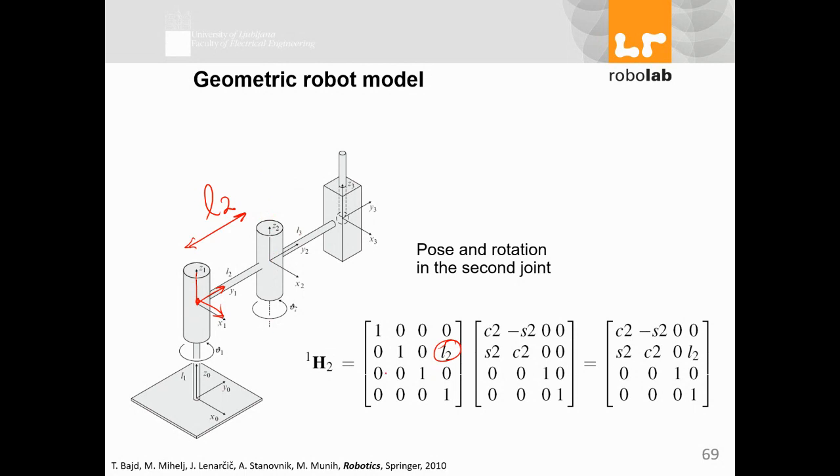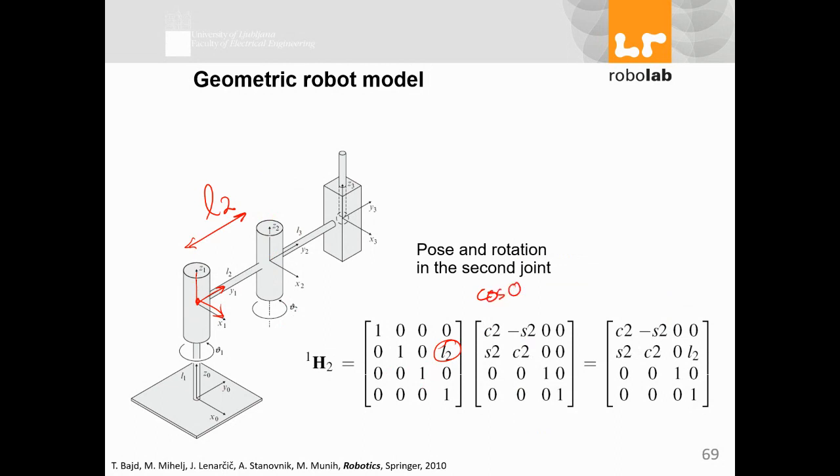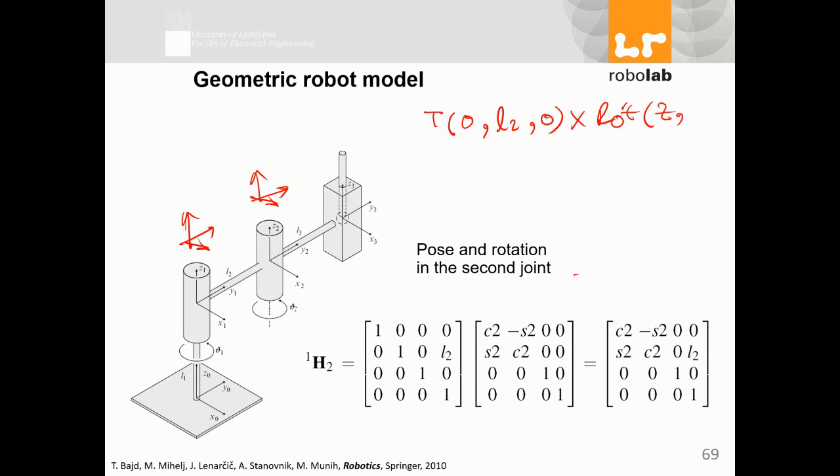So here, L2 sits here, and C2 means cosine of theta 2, and S2 sine of theta 2, with the rotation. So what I have here, from this point to this point, is a translation of 0, L2, 0 times rotation around Z with theta 2.